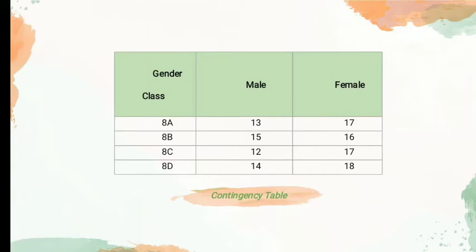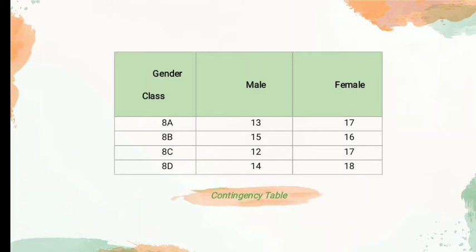The first, in example, grade 8A has 13 boys and 17 girls. Grade 8B has 15 boys and 16 girls.